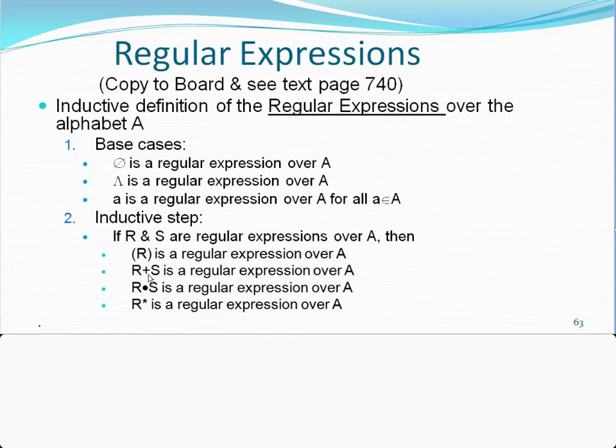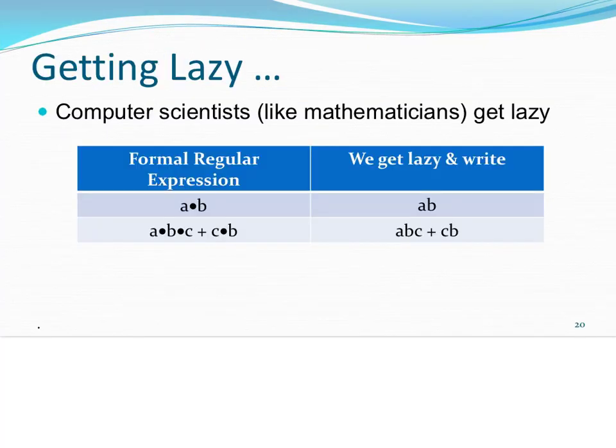You can put a plus sign between the two regular expressions, you can put this dot operator between the two, and you can star a regular expression. You could, of course, put an S here and say, S star is also a regular expression over A. But star is a unary operator. It just takes one thing, as opposed to dot, which takes two. It's a binary operator.